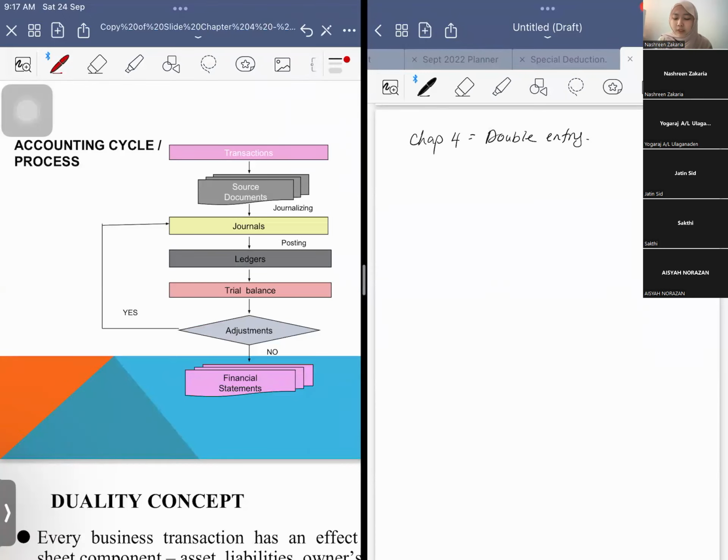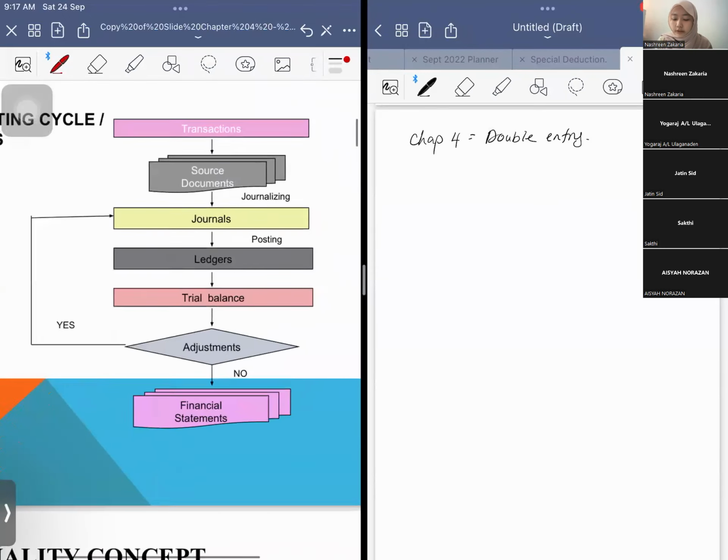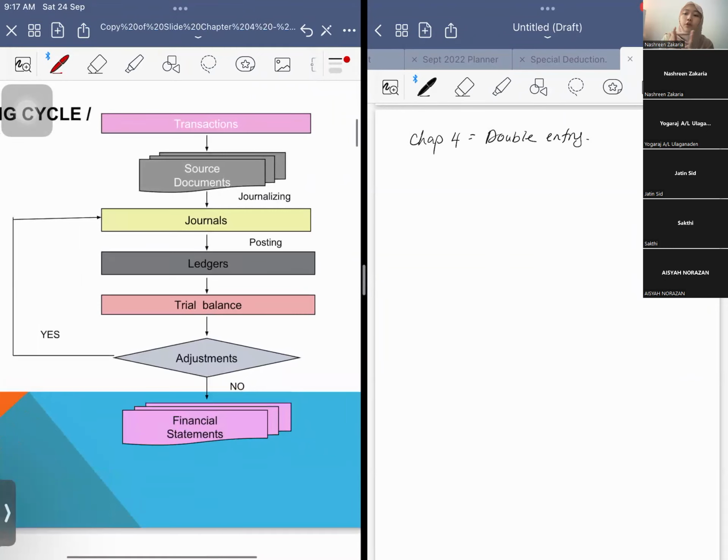So basically, this learning outcome is according to the accounting process or accounting cycle. In the accounting process, before you prepare accounts, you need to have a transaction, isn't it? Every account will start with a transaction. Transaction is like, let's say, Jatin bought pencil from a stationery shop. That is an example of a transaction.